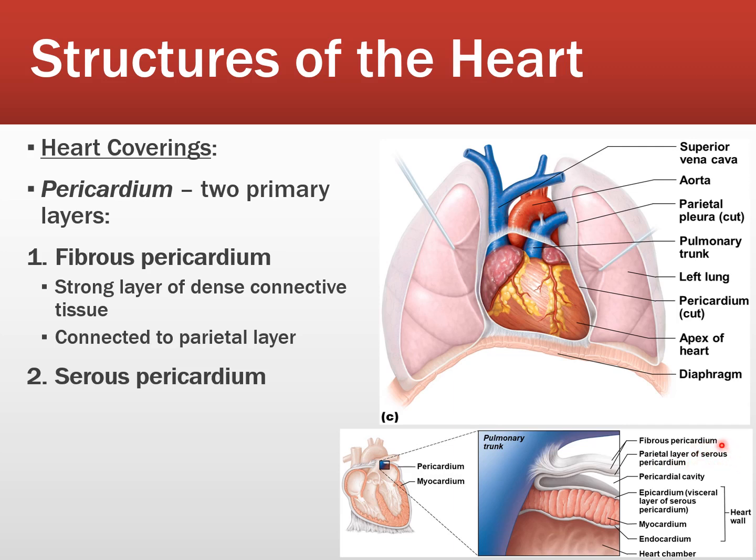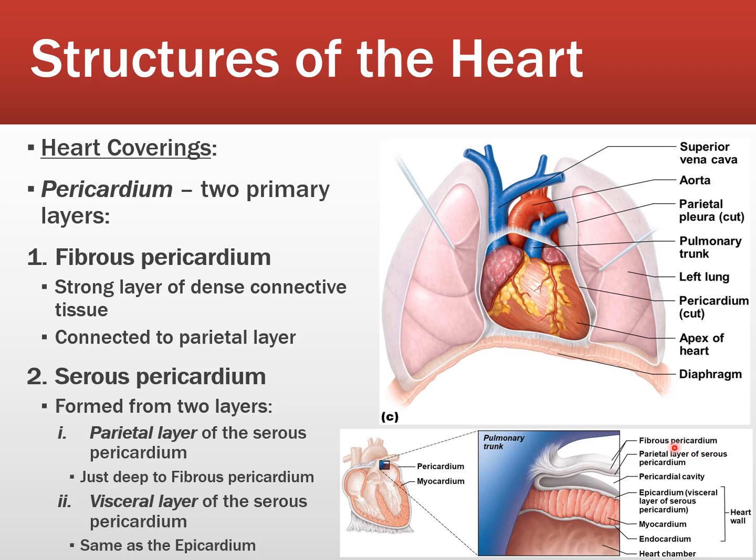So we've talked about the serous pericardium with the parietal and visceral layers of the pericardium. So we just added that fibrous pericardium on top of, or outside, the parietal pericardium, okay?